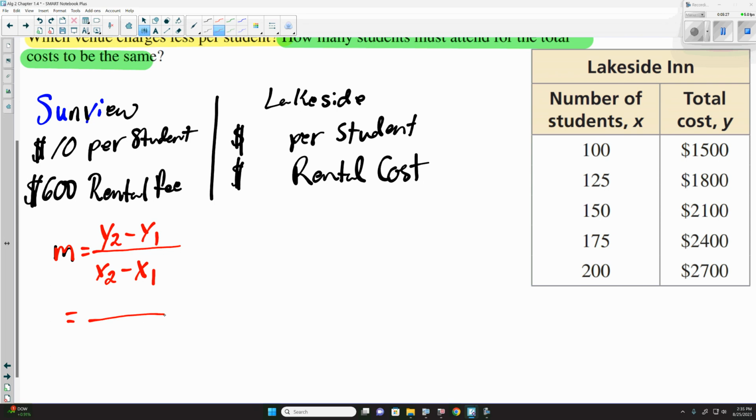So what y value can we use first? We have several different ones to choose from. We can use 100 for x and 1,500 for y.